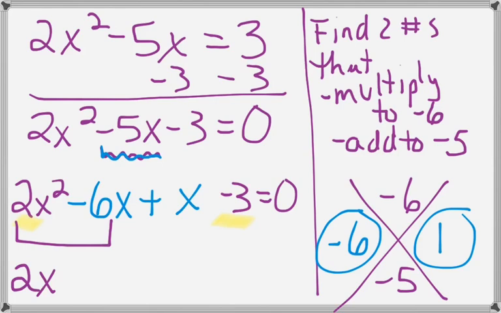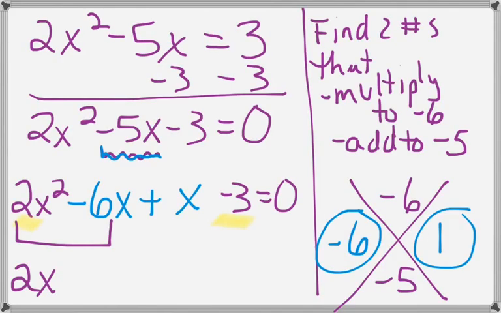So what we're doing essentially is we're trying to write this as a product, right? So we're kind of working backwards. So think about it this way. If we were starting with the number 10, and we were trying to write it as a product, how would I find this missing number here? Well, I would divide, right? 10 divided by 2 is 5. So that's how I know it's got to be 2 times 5. Same kind of thing here. We're dividing by 2x when we write it as a product.